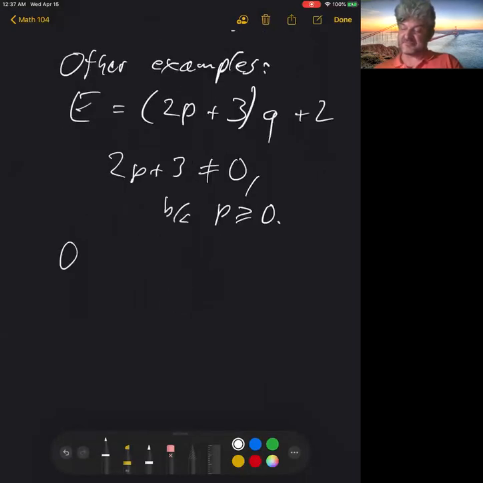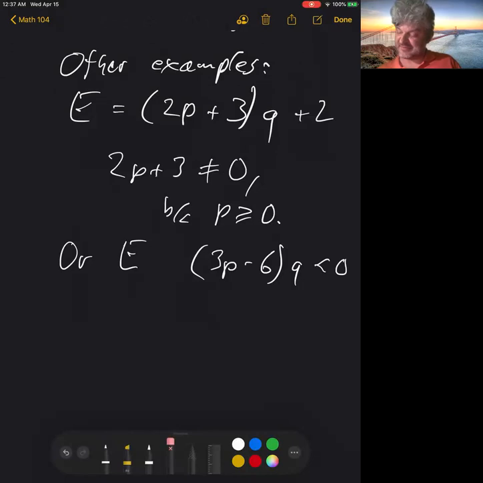Similarly, you could have 3p minus 6 times q, and that will always be negative, because p cannot be 2. It always has to be less than 1.